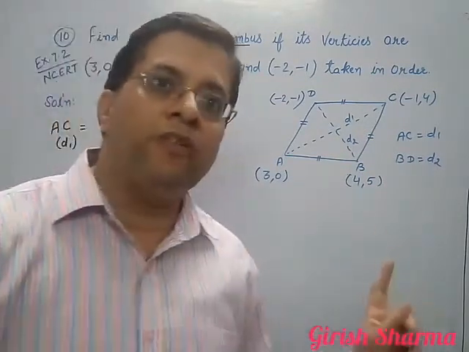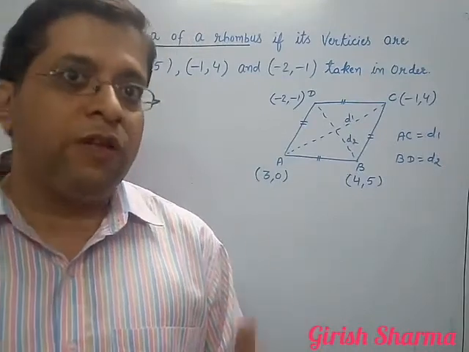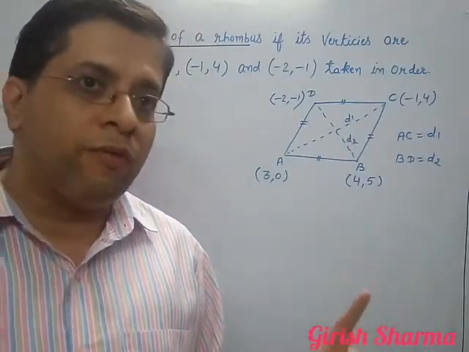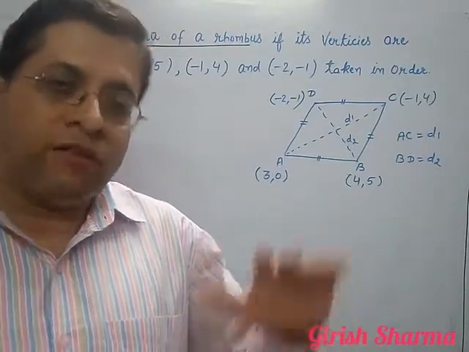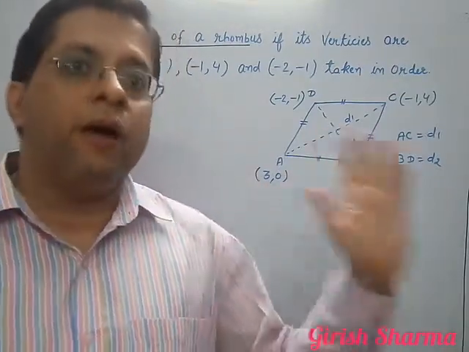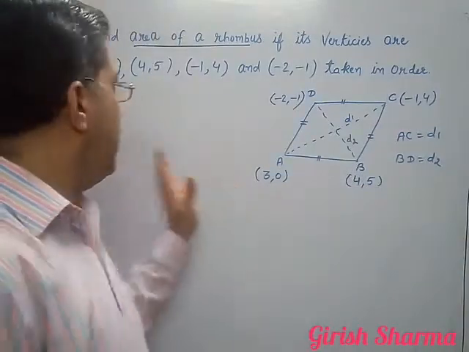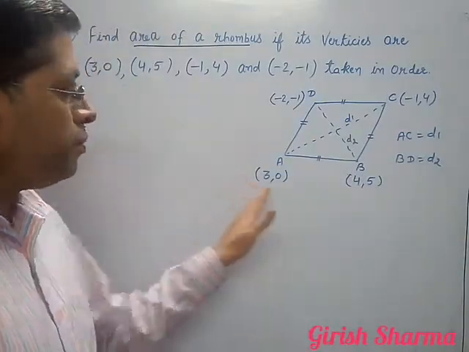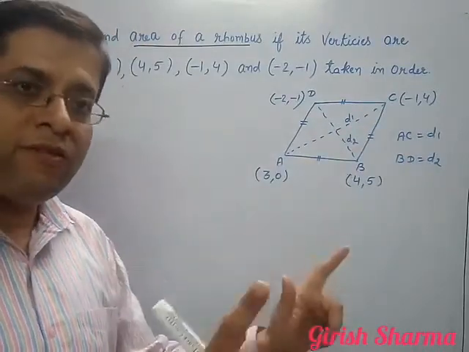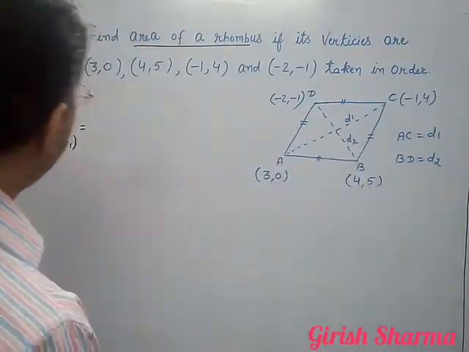What is the distance between 2 points? In my earlier lecture I explained to you. Those who have not seen, you can go through there, on my link, lecture number 1, 2, that are the basics of the distance between 2 points. Okay, come on. See here, AC is under root x2 minus x1 whole square plus y2 minus y1 whole square.